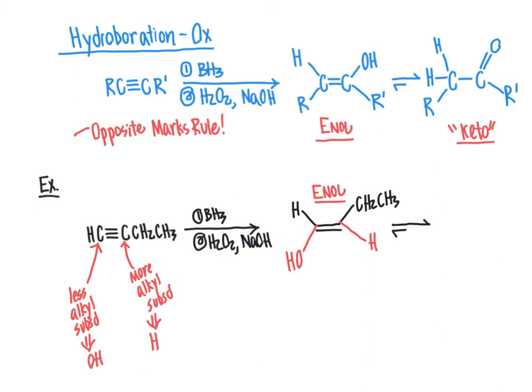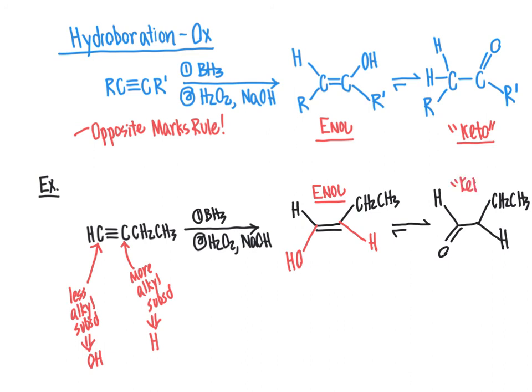The enol intermediate rapidly tautomerizes to the keto form, and so we can go ahead and show that product as well. This is going to be your major organic product, this final product that we create here. The enol is just an intermediate because in the majority of cases, the tautomerization favors the so-called keto form.